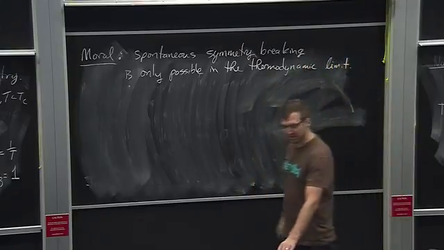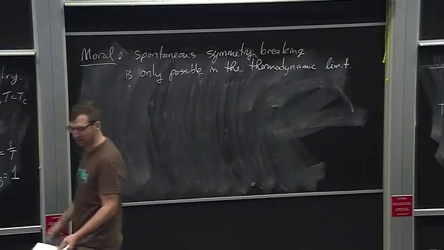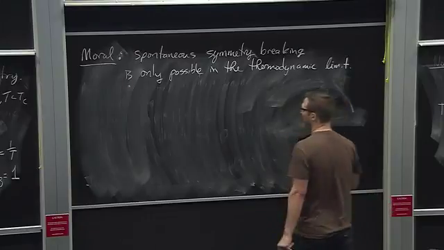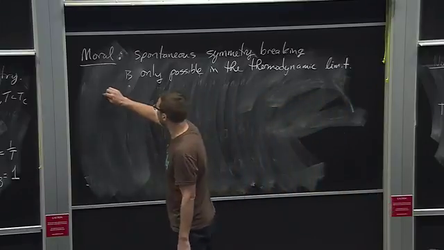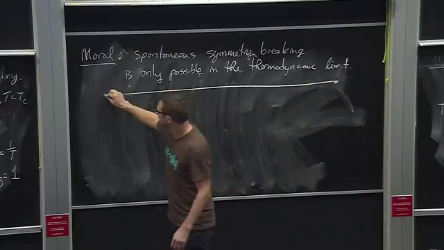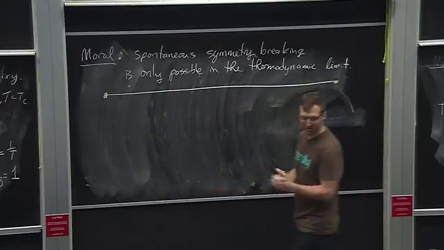So that's twice we've seen this in this class, this idea that we need to worry about taking the thermodynamic limit properly to see the behavior that we expect. So let's be careful when we do that.